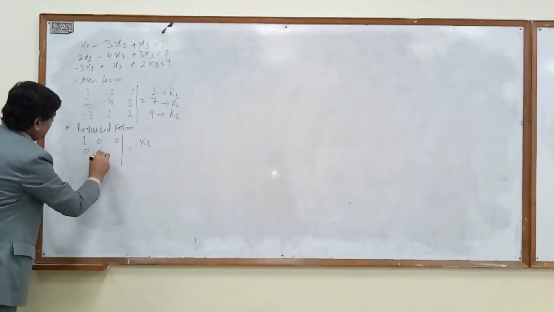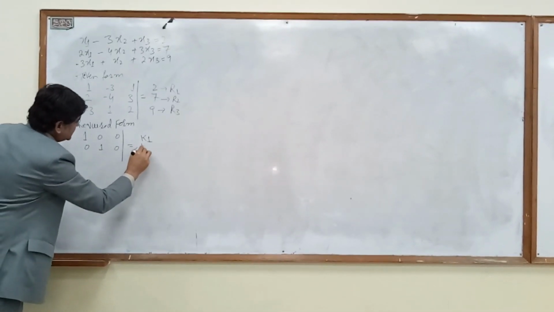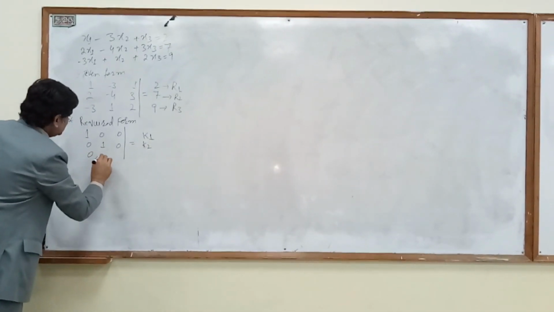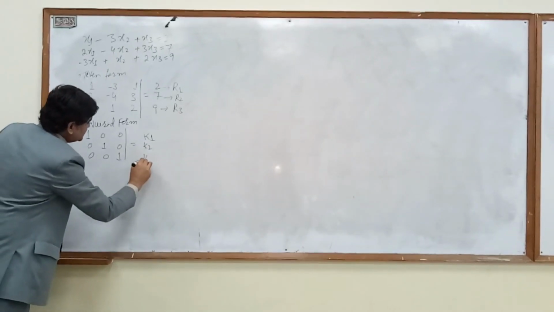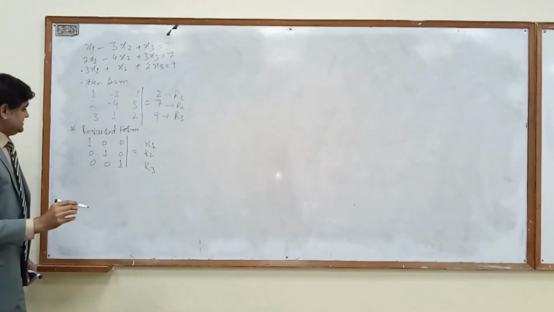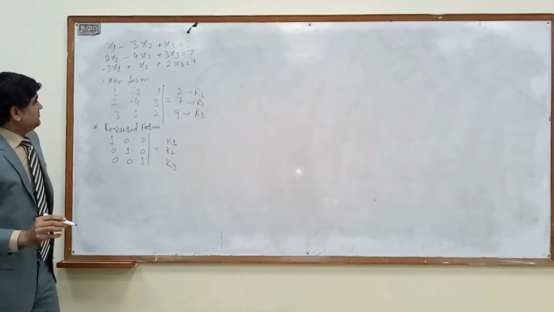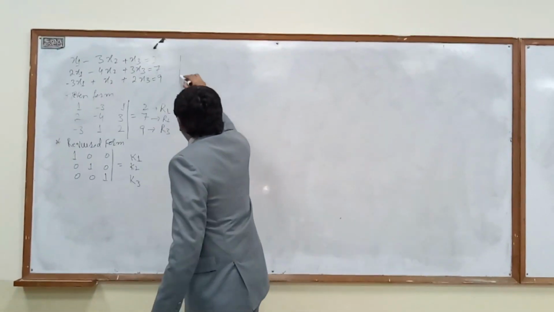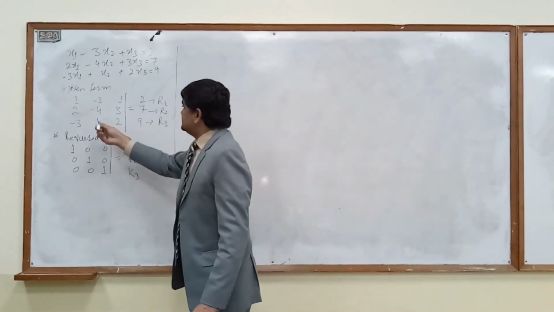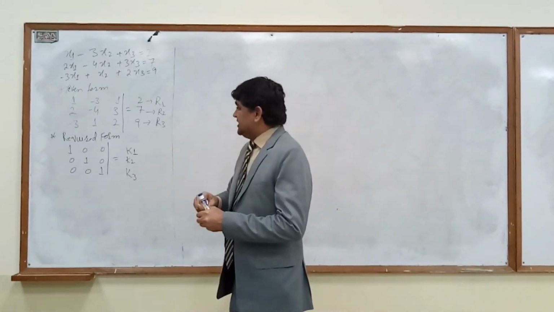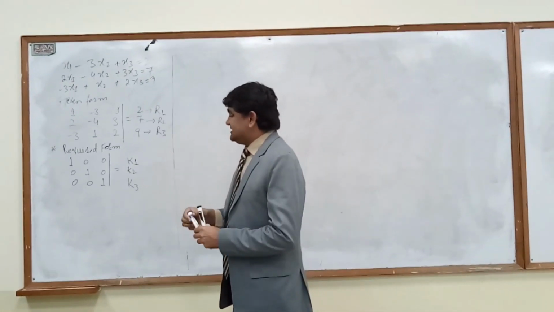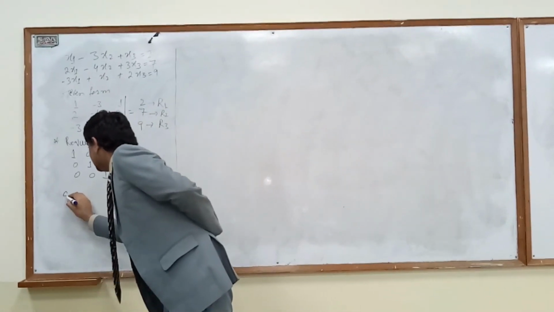Next is 0, 1, 0, equal to K2, and 0, 0, 1 equal to K3. Clear? This is the required form and this is the given form.